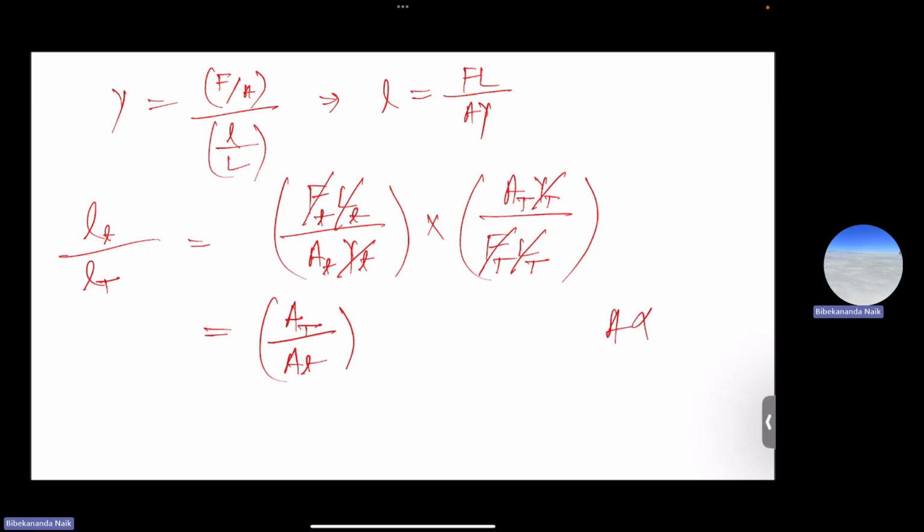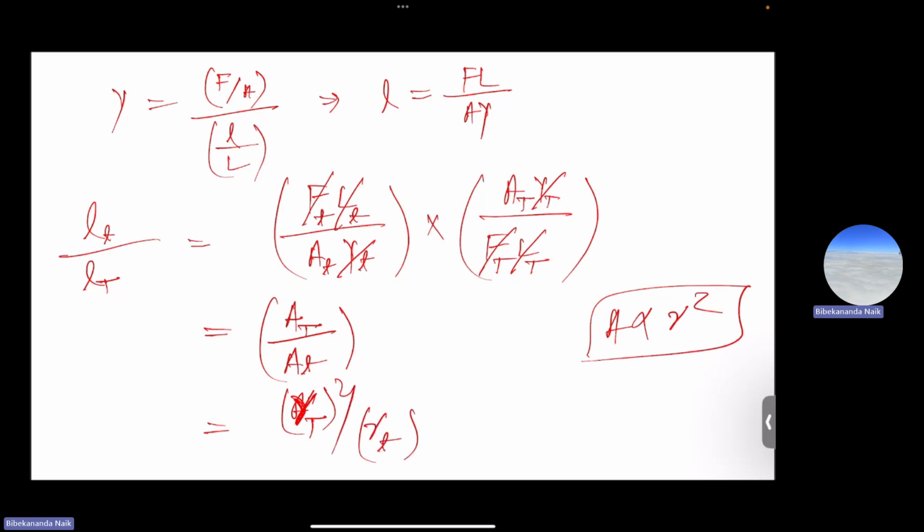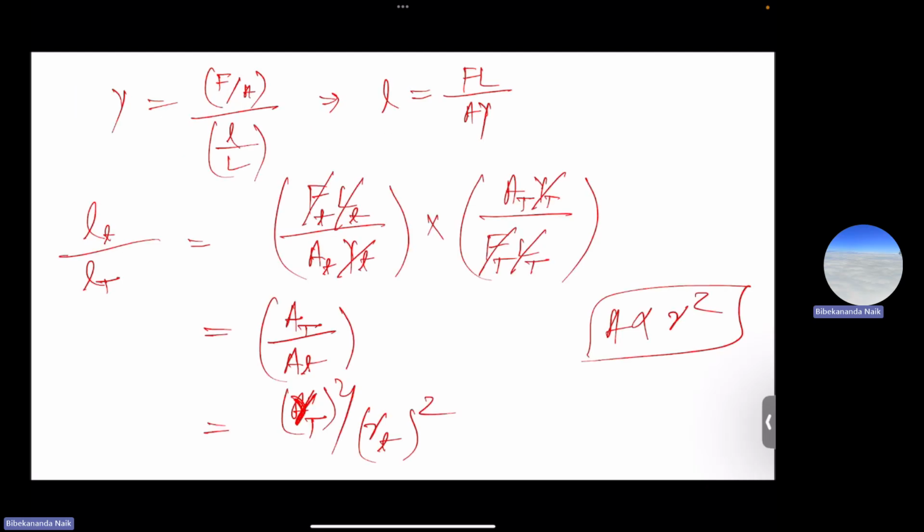So only it will depend upon the area, and we know A is directly proportional to r square. It will be r capital T square divided by r small t square. That implies l small t by l capital T is n r square divided by r square, because here it is mentioned the ratio of two radii of wire is n is to 1.